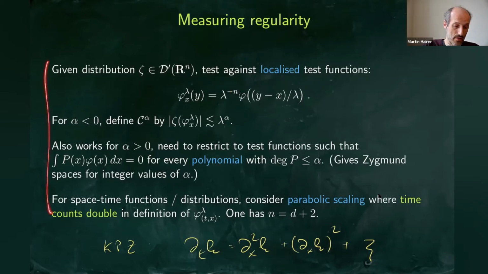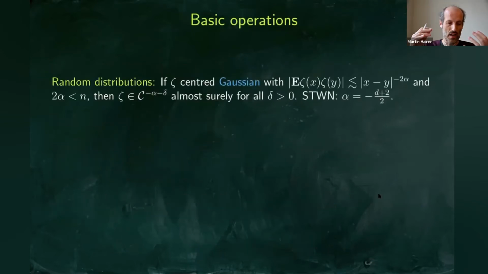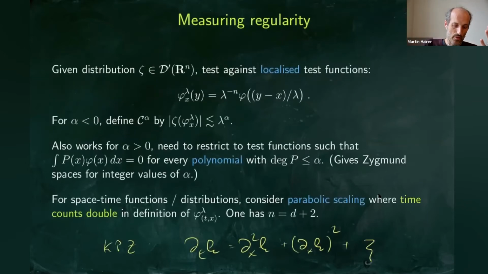Okay, so now that gives us a good way of measuring the size of a distribution, or the regularity of a distribution. And now, remember the problem that we have, if we look at an equation like this KPZ equation, is that we want to take the square of the derivative, and the function is not differentiable.